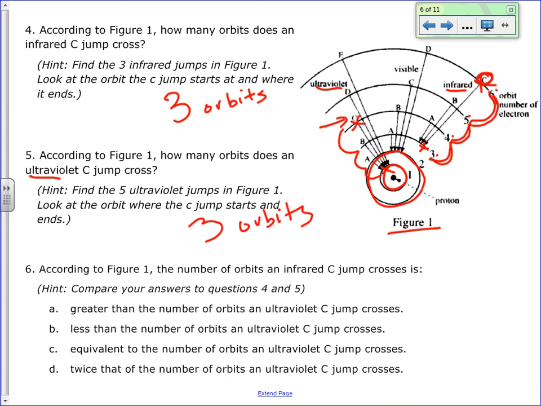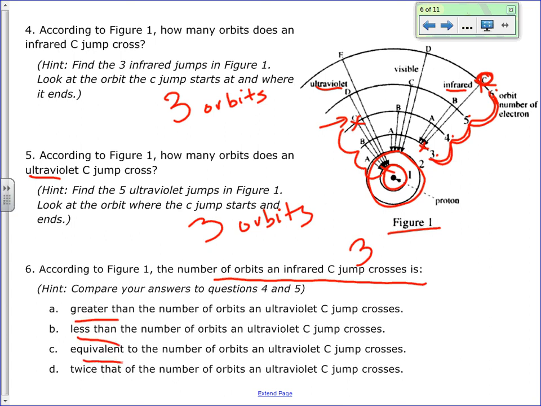So then, when we get to this question, according to figure 1, the number of orbits an infrared C jump crosses is, so the first thing we need to do is turn this first phrase into a number. How many orbits would this be? 3. And then, if we look at our other ones, we see that, again, it's only the very first part of the question that's different.